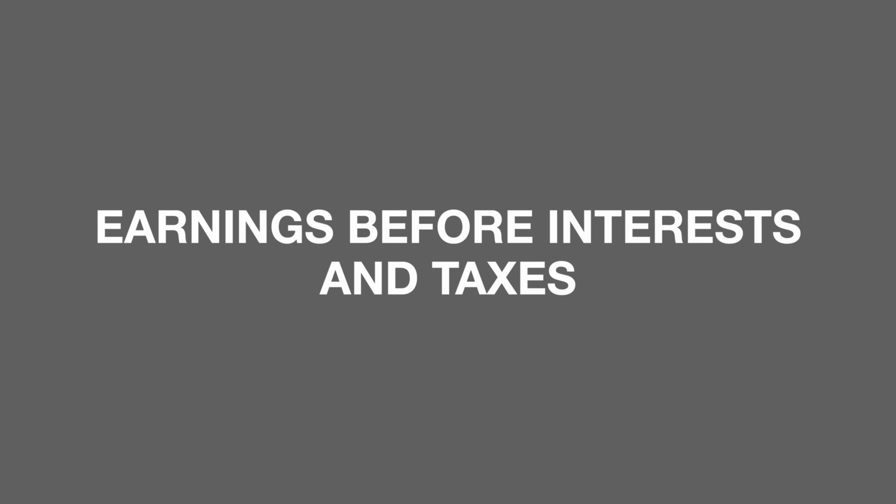EBIT, also known as operating income, focuses on a company's profitability from its primary business operations, excluding the impact of indirect expenses and taxes. It is essentially the profit a company makes from its normal business activities before accounting for financing costs or tax obligations. Why is it useful?